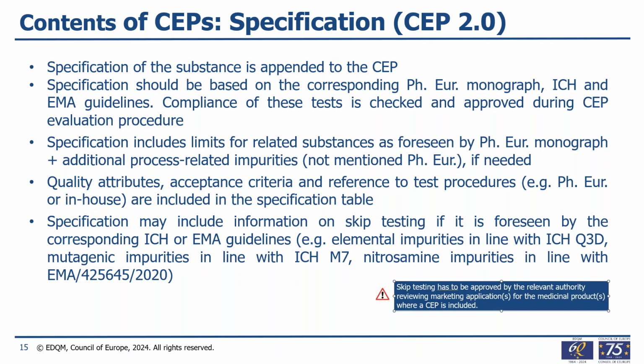For example, for elemental impurities in line with ICH Q3D, for mutagenic impurities in line with ICH M7, for nitrosamines in line with the EMA question and answer document on nitrosamine impurities. However, it should be mentioned that skip testing has to be approved by the relevant authorities reviewing the marketing application for the medicinal products where it is included.